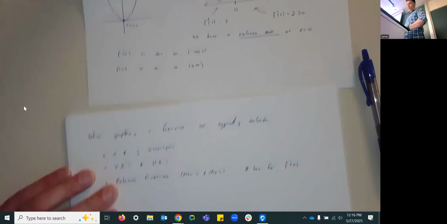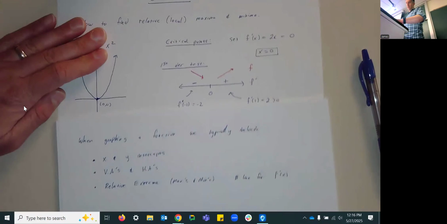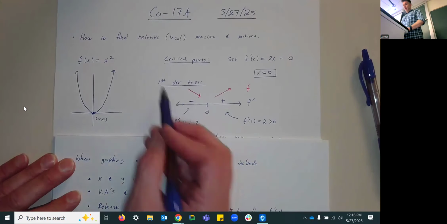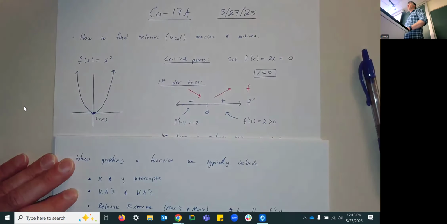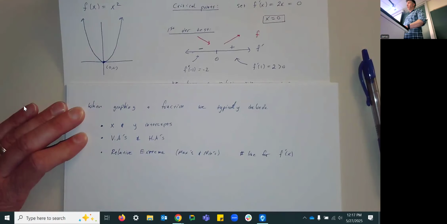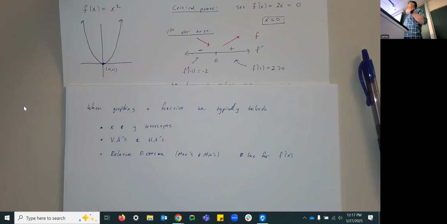If you look back at the work we did before, you say, oh yeah, we knew that left of 0, the graph was decreasing, and right of 0, the graph was increasing. So we had a vague idea of the shape of the graph just from looking at that first derivative sign chart. And that is always going to be the case.